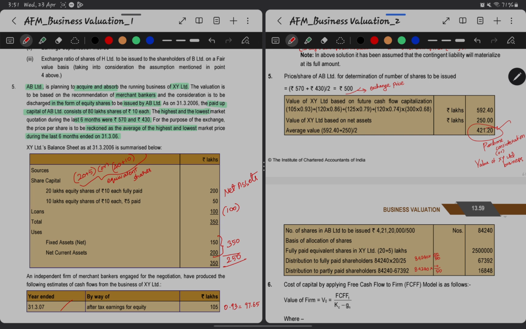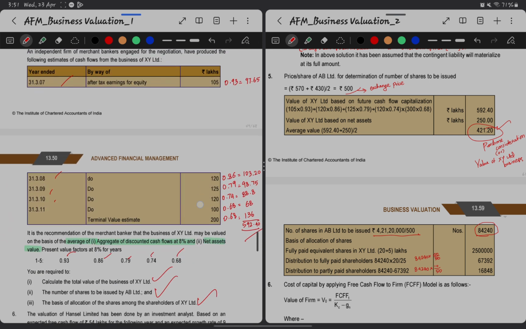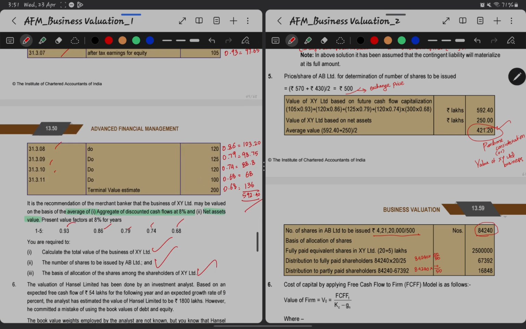So this 421.2 crores divided by 500 will give us the number of shares of AB Limited to be given, which is 84,240 shares. So now we know the total value of business, 421.2, and the number of shares to be issued, 84,240.